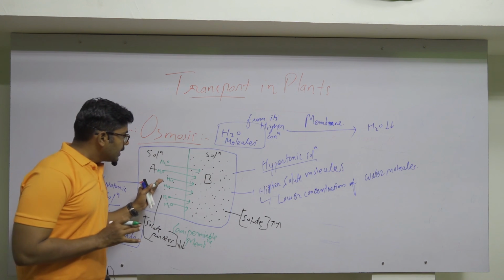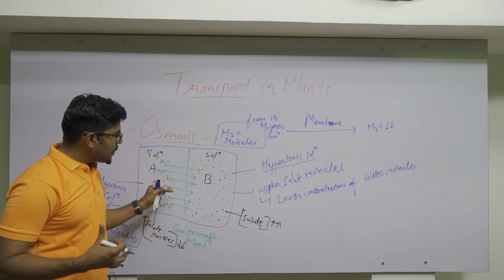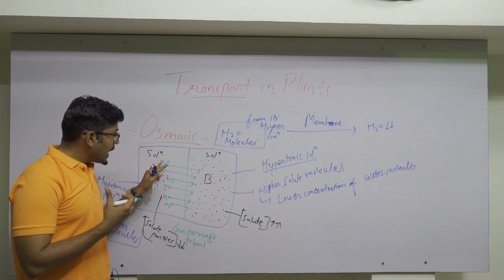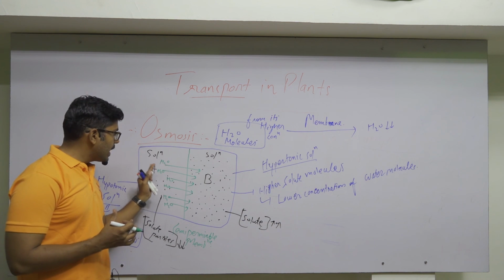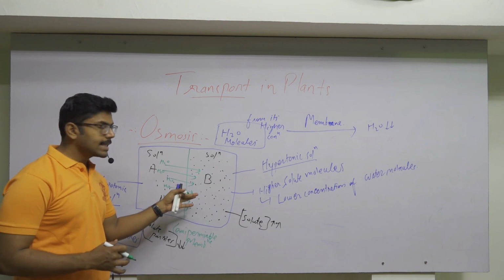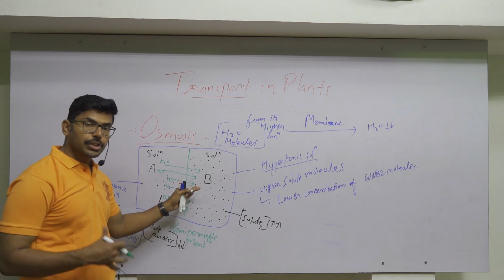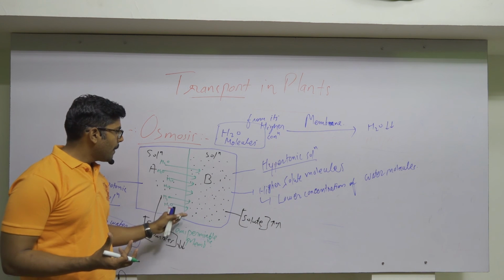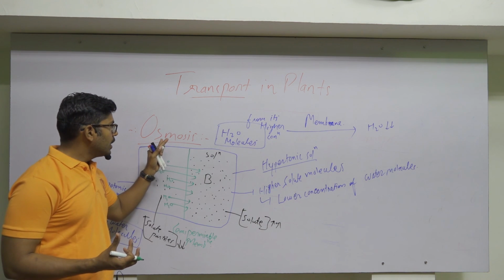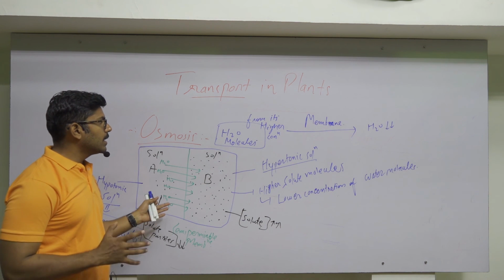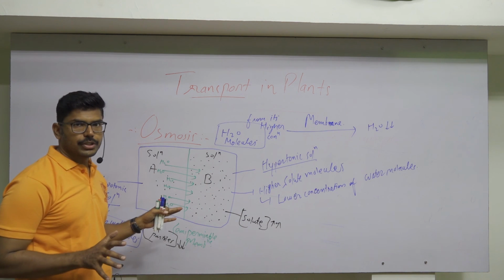So this is the process of osmosis by which H2O particles move from their higher concentration to the lower concentration of water molecules through a membrane. That is called osmosis.